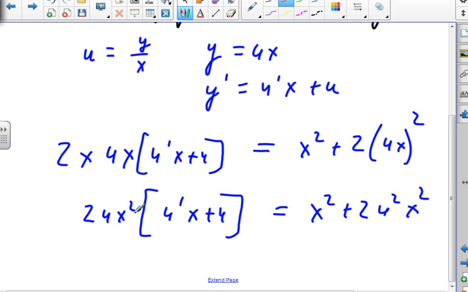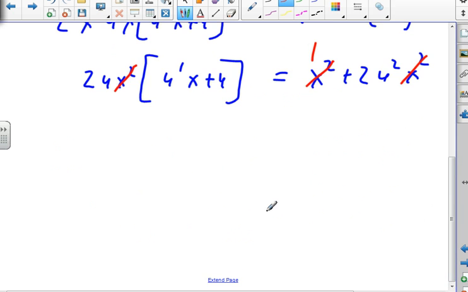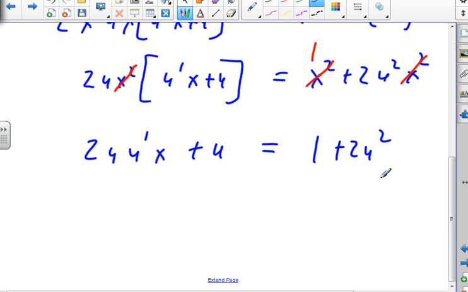And I look at that and I say, well, I can divide every single thing by x squared, and now I could rewrite that as 2u times u prime x plus u is equal to 1 plus 2u squared. This is 2u squared sitting there when I multiply it, right? So now I say, well, that guy goes away, this guy goes away.